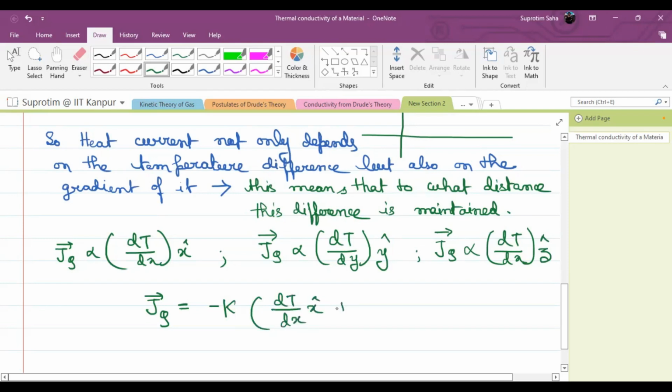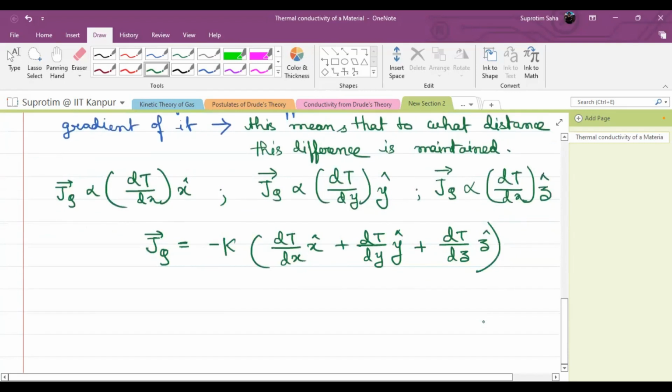All right, dT over dy y cap plus dT over dz z cap, which is given by minus kappa gradient of T, so temperature.